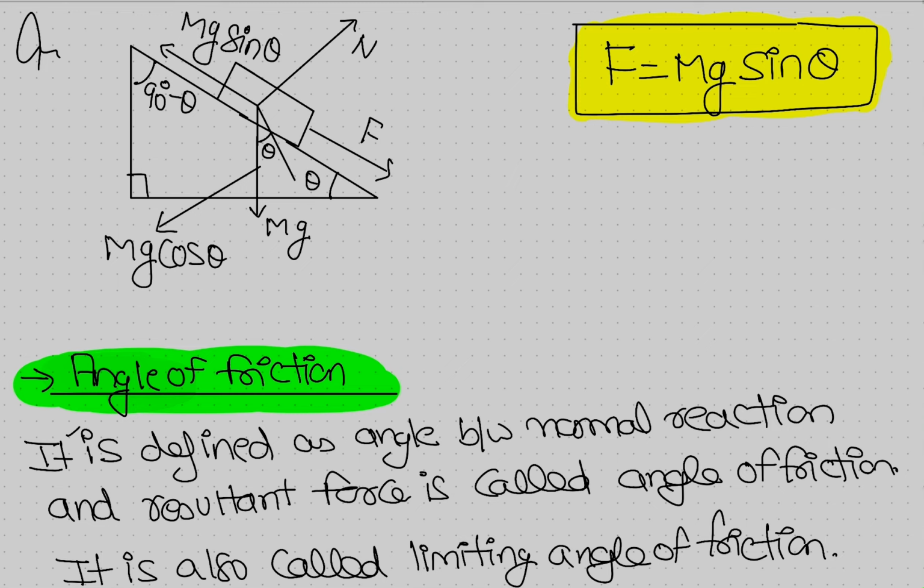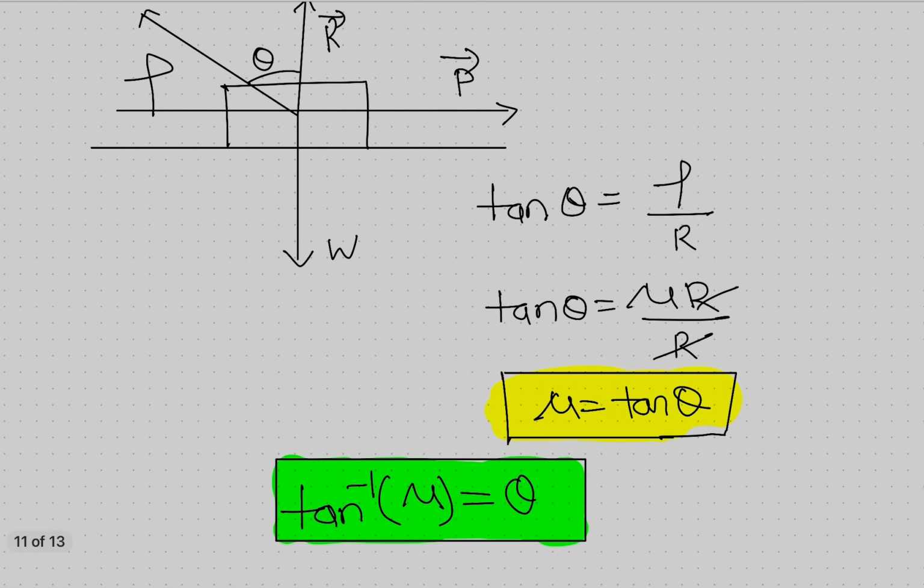Okay, guys, what do you mean by angle of friction? Angle of friction is defined as the angle between the normal reaction and the resultant force. It is also called the limiting angle of friction. In this case, normal is represented by R or N also.